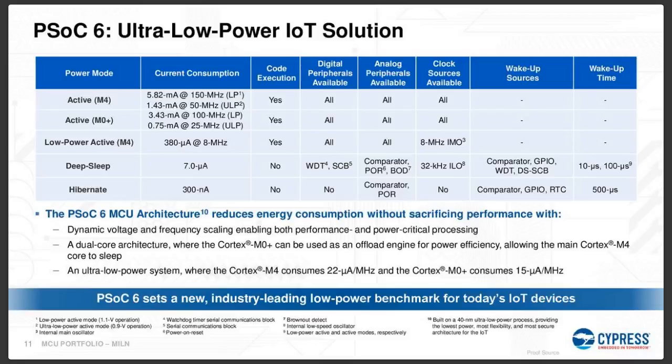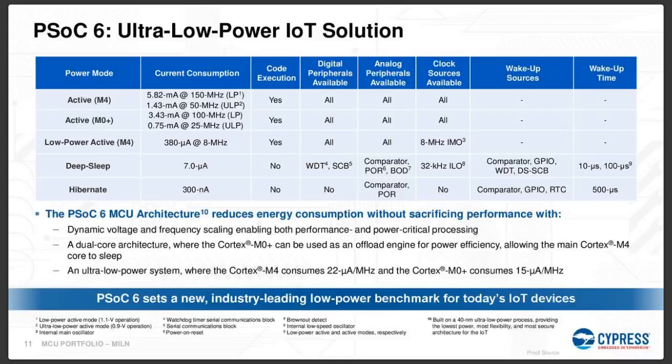While the M4 and the M0 are running, you can see that some of the power numbers are best in class. The M4 running at 150 megahertz in what we call the low power mode is still only pulling about 5.8, less than 6 milliamps. If you're running at a slower speed in the 50 megahertz range using the ultra low power method, you're only pulling a little less than 1.5 milliamps.